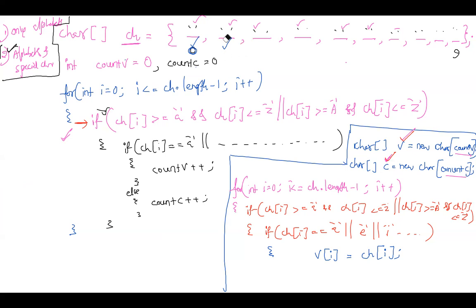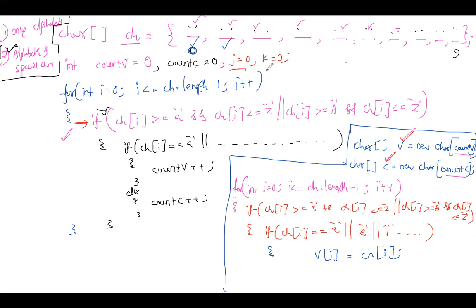Do we need 2 more external variables or not? Yes or no? One to follow the vowel array index positions, one to follow the consonants array index positions. So I am taking j equals 0, k equals 0. Now tell me what should I write here? Ch of i, this we can't change, but it has to be copied into which position of this vowel array? 0th position.